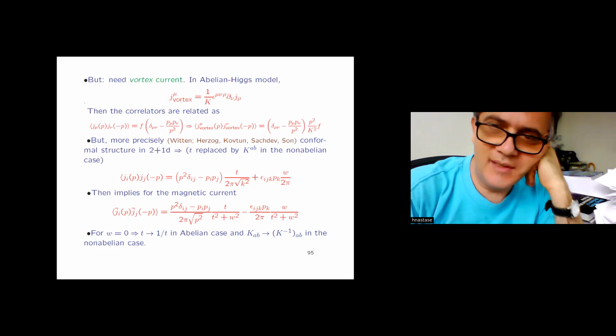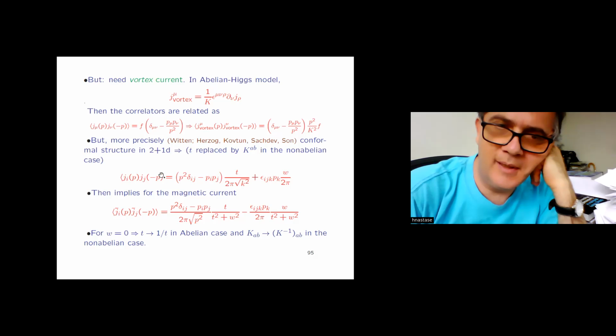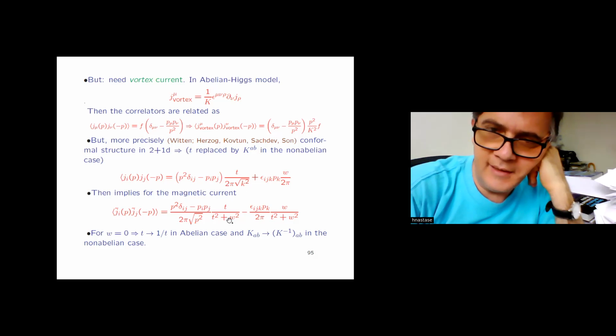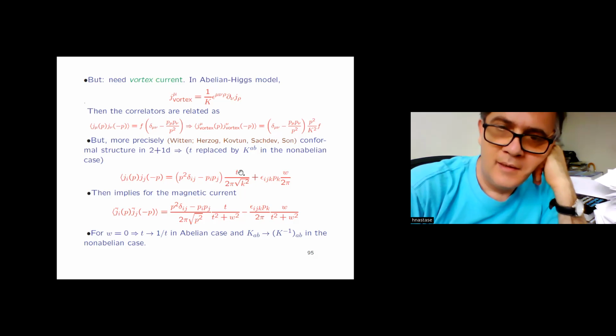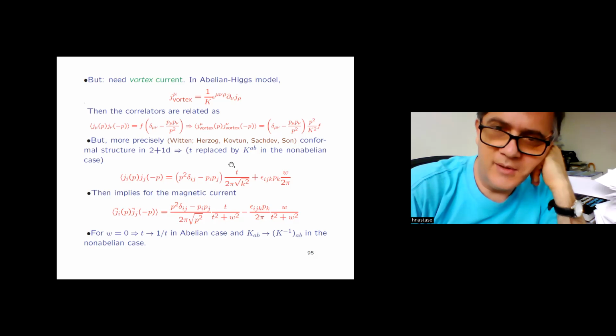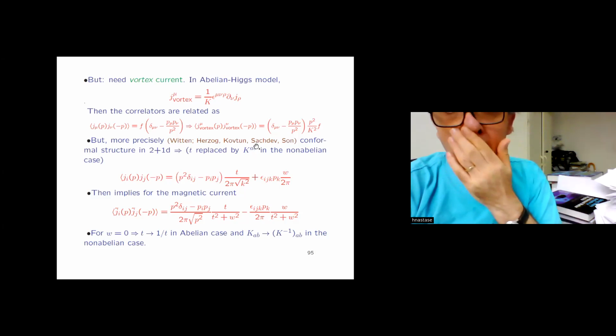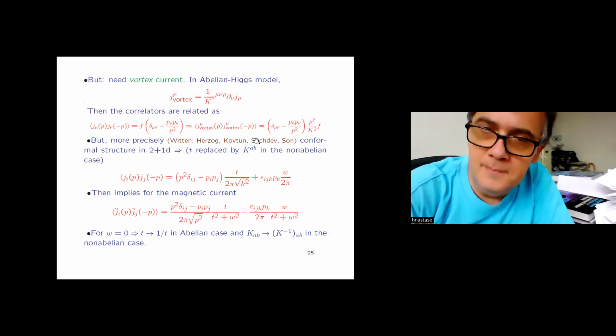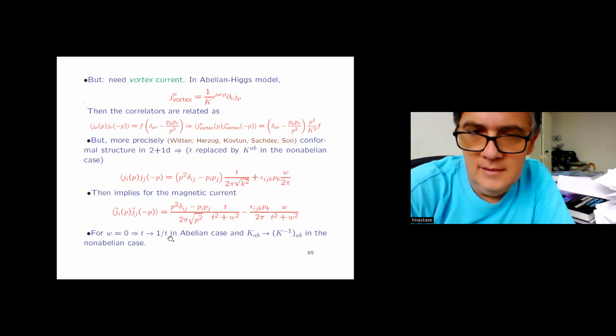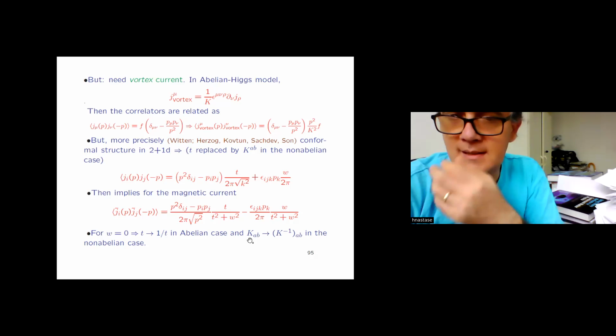If I don't have this parity breaking term W, then going from the electric two-point function to the magnetic two-point function amounts basically just to inverting this coefficient T. This was in the abelian case. In the non-abelian case, one basically just replaces this scalar coefficient with a group valued coefficient KAB.